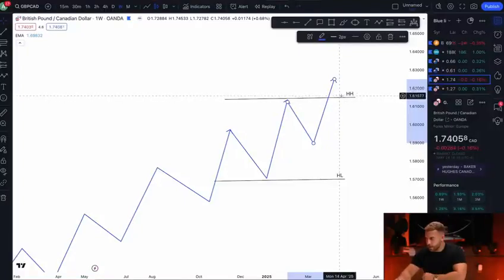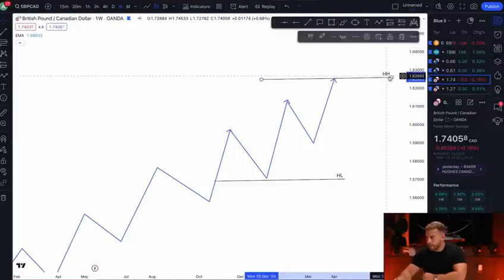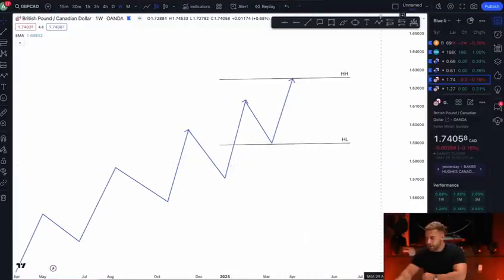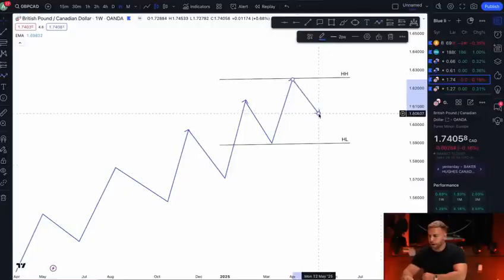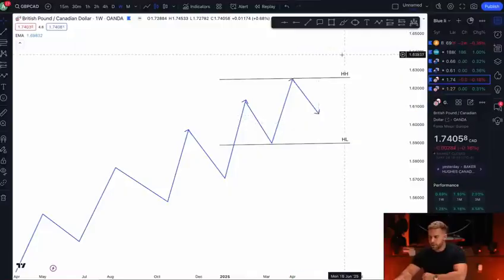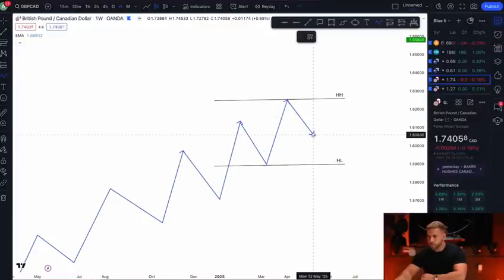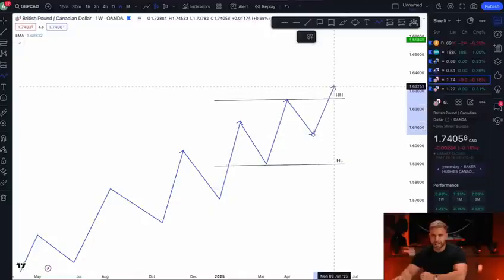So this right here is a higher high, and then the higher low would move up to the next higher low. Now, this example right here is not a higher low. Why would you count this as a higher low? Because it's having a pullback? Well, no, not necessarily. This could only be counted as a higher low once this market has created a higher high.